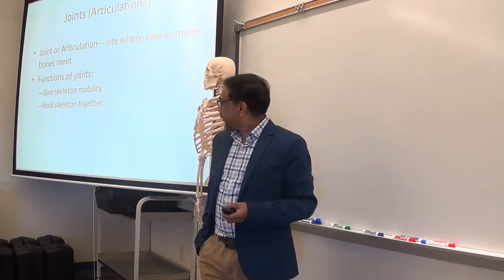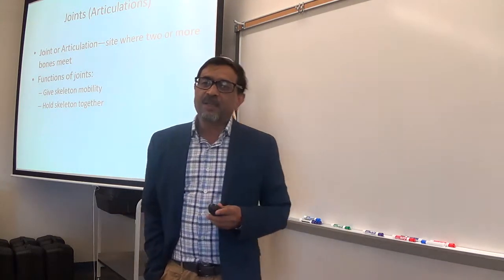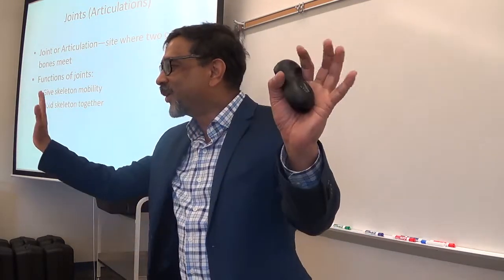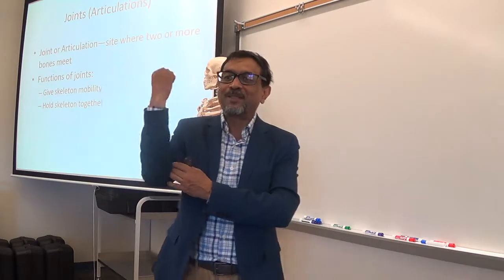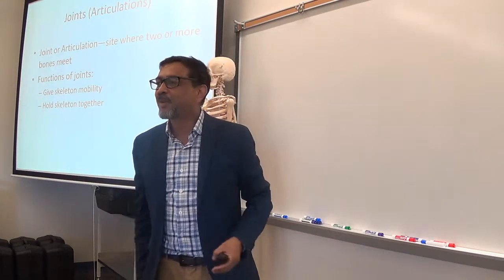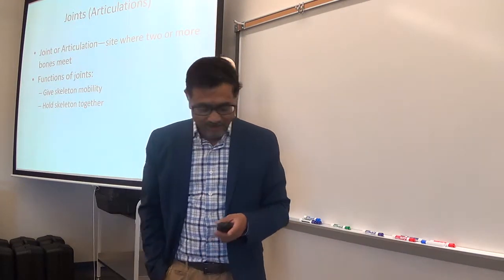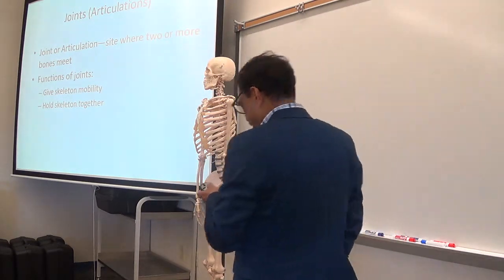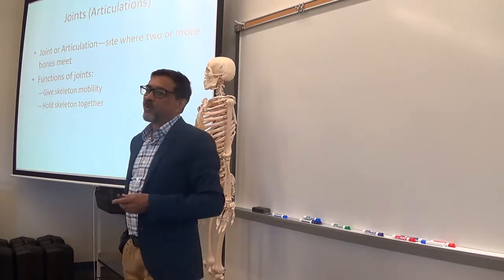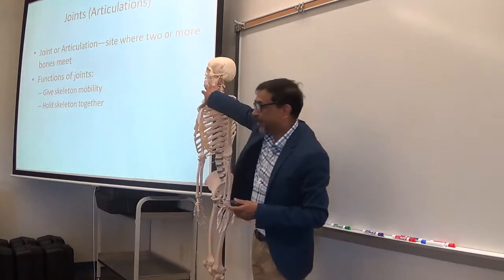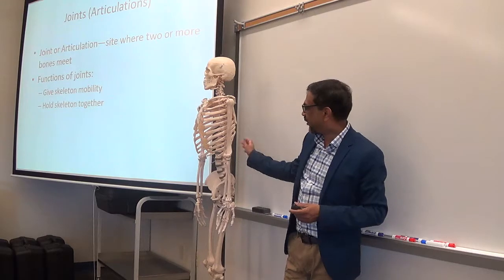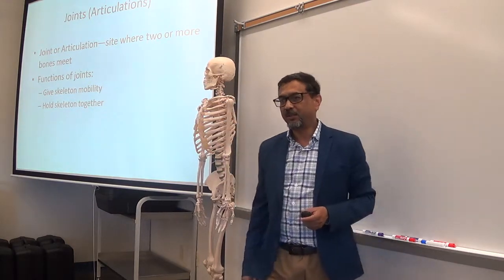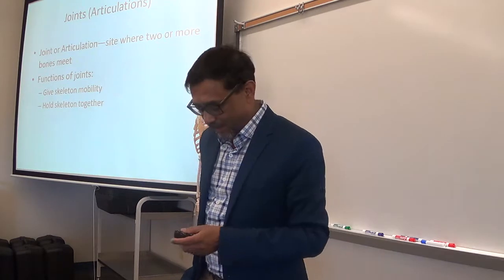Now, joints are the locations where we move our body parts. You all know that, right? Without joints, you cannot move the body part. And joints hold the bones together. In this skeleton, the joints are holding the bones together to form the skeleton.